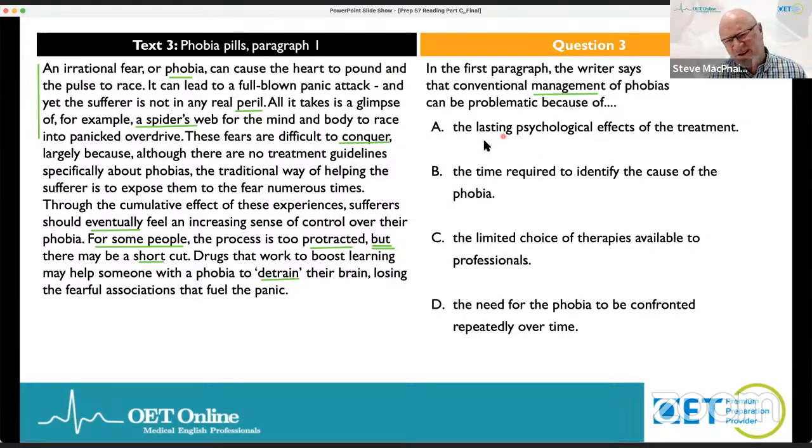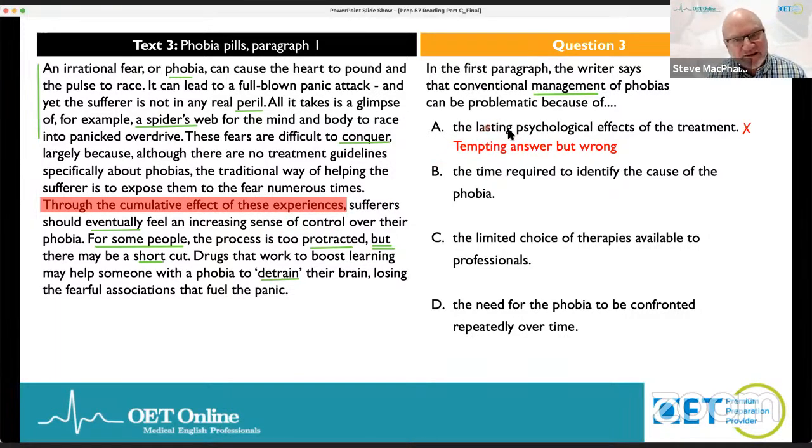This is the question. But I can't see anything to say that the effects are lasting. We don't know that. I'm going to rule it out, everyone. It's tempting: through the cumulative effect of these treatments, sufferers should eventually feel an increased sense of control, but this is a positive.